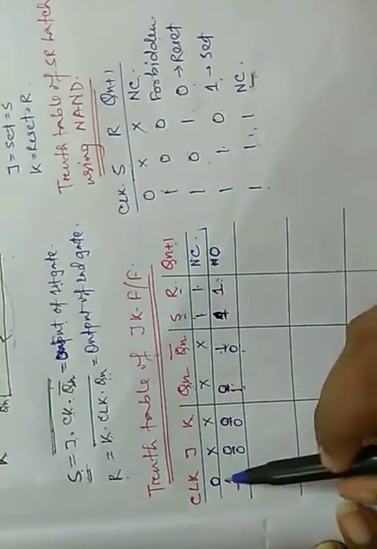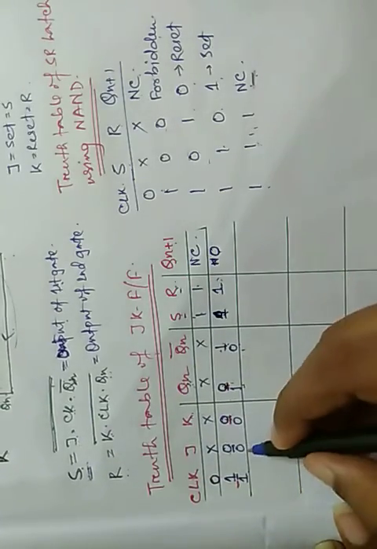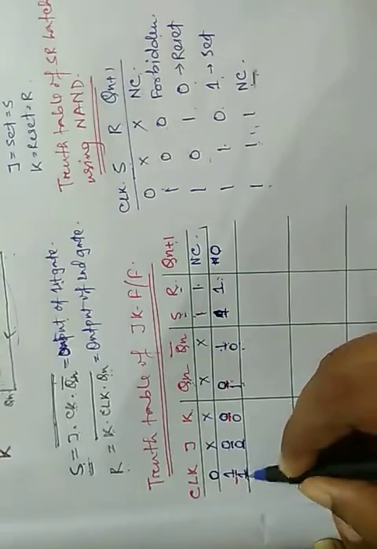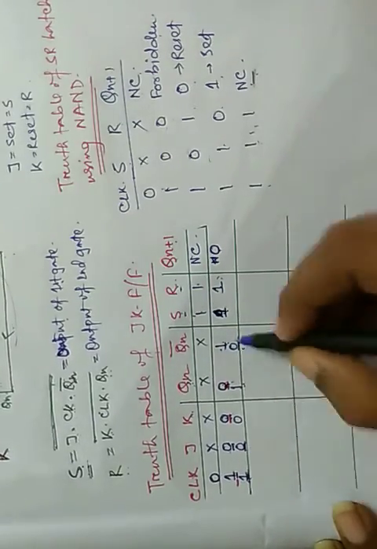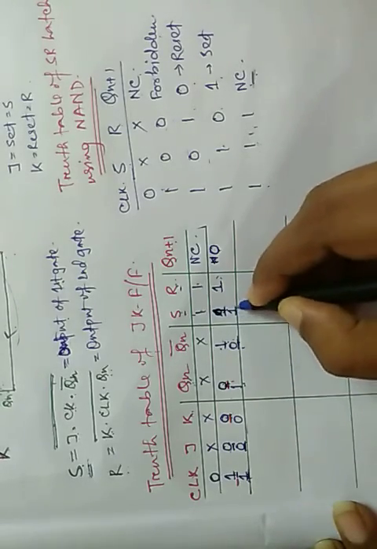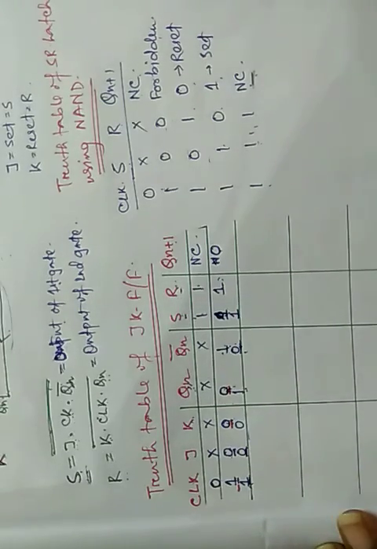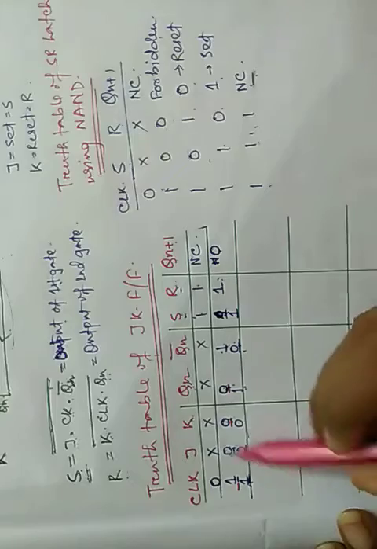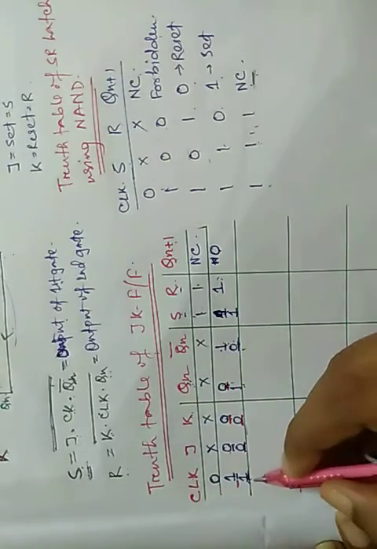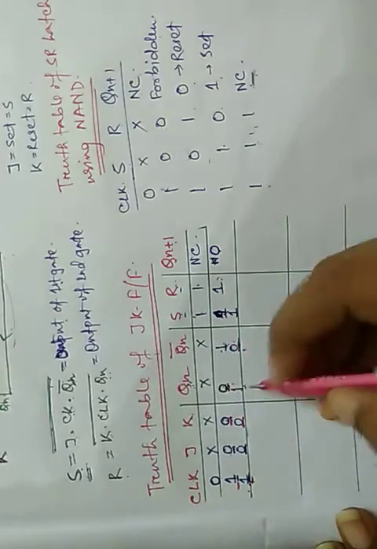Okay, now in our second case, for the S value, J clock Qn bar. Here J is 0, clock is 1, Qn bar is 0. So one of the input signals is 0, so the output is 1. And for the K value, K is 0, clock is 1 and Qn is 1.